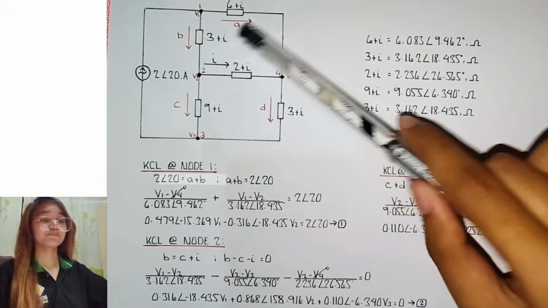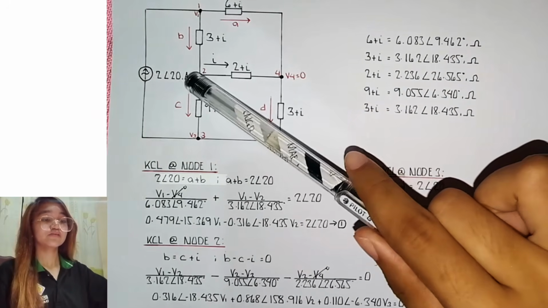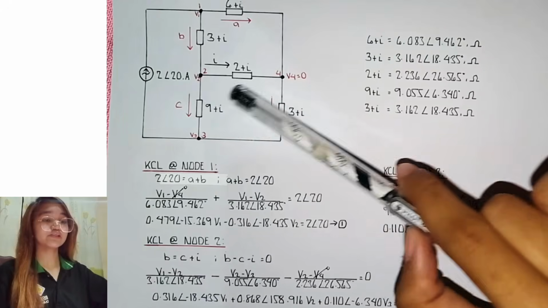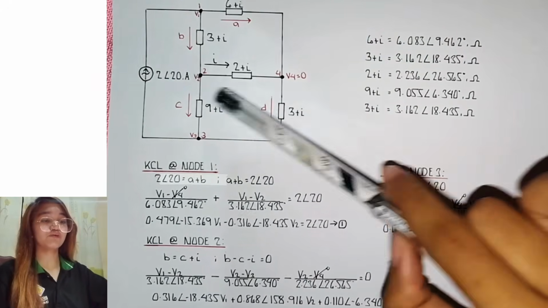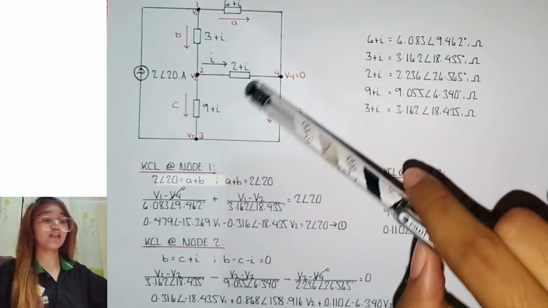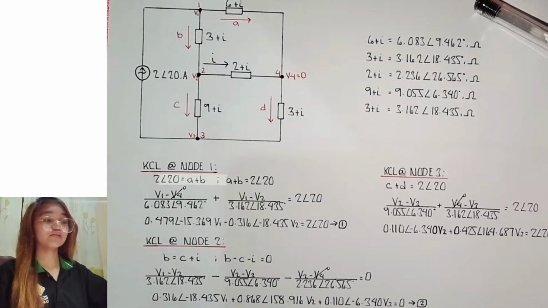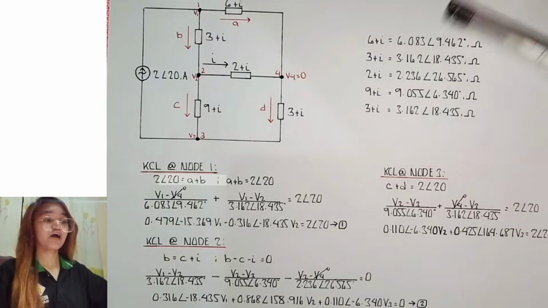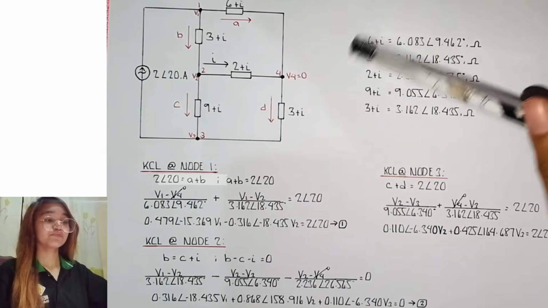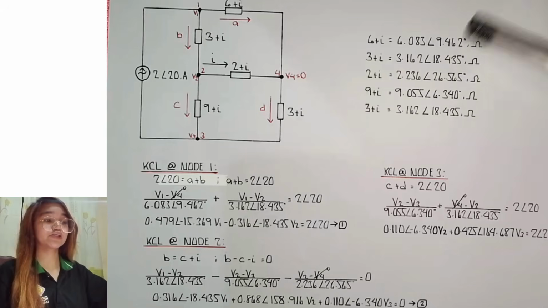So A, B, C, D. And the I here is the current that we need to find. So here, using the nodal analysis, I also converted all given values from rectangular form to polar form for easier calculation.